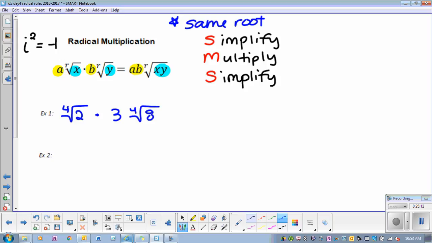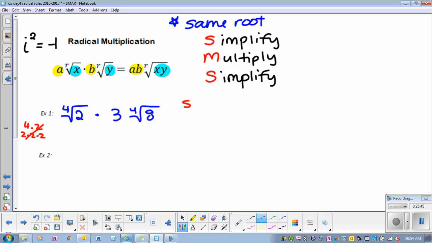All right, well, let me see. Can I simplify? Can I break down this 2 so I can get a group of 4 that comes out? No. How about this 8? 8 is what? 4 times 2, and this would be 2, 2, 2. Oh, we only have 3. Can't get a group of 4, right? So no, you can't break it down.